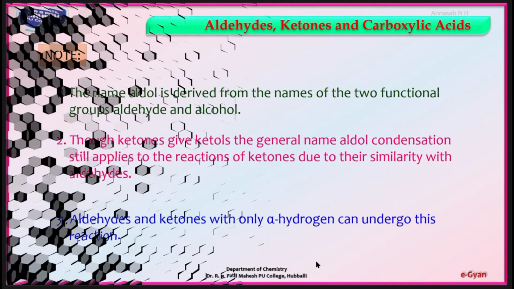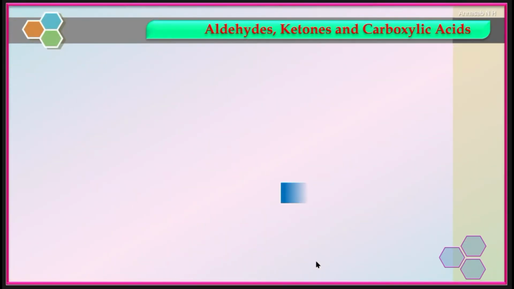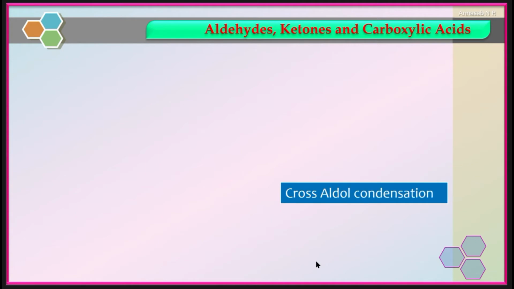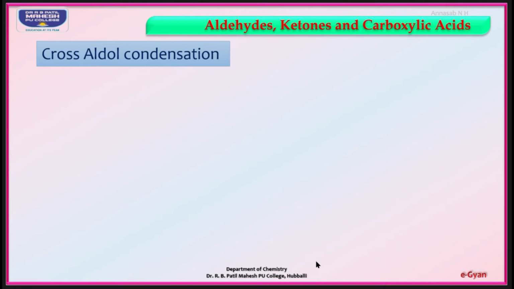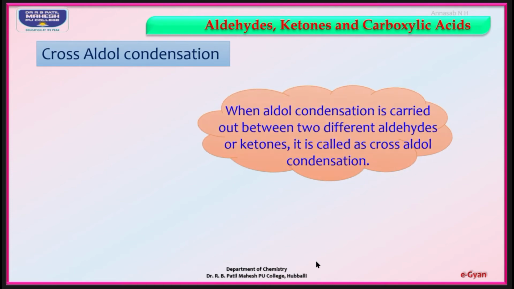Moving to the next part of the video, it is cross aldol condensation. Dear students, please remember, in simple aldol condensation we have taken reagents of the same molecular formula, whereas in cross aldol condensation we are going to take two different aldehydes, or two different ketones, or a mixture of aldehyde and ketone.